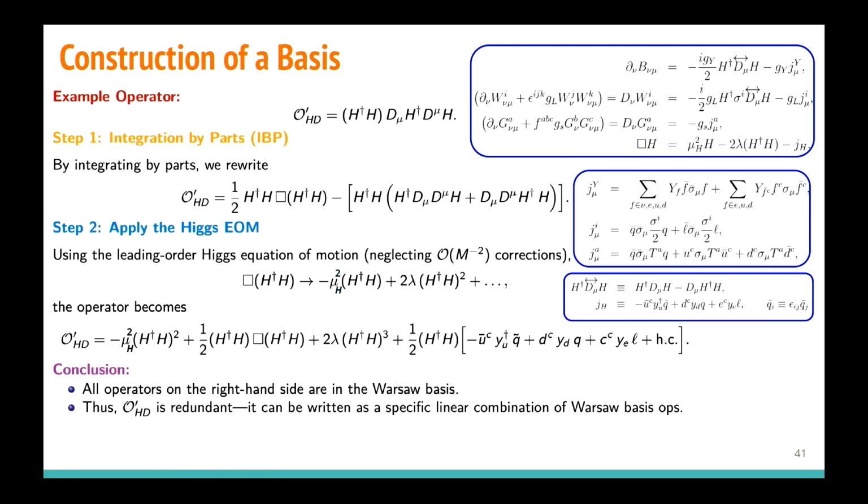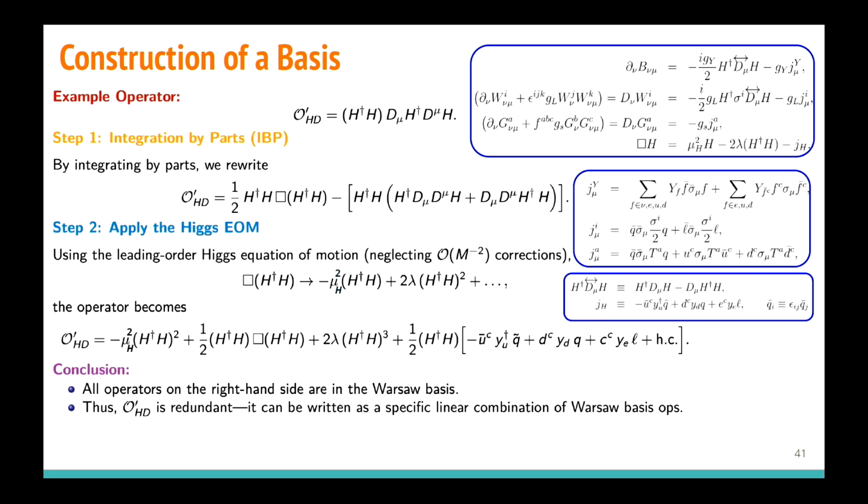So, construction of a basis. How much time do I have? I have only 2 minutes. If we write down this operator O_HD prime as H^dagger H, D_mu H^dagger D^mu H, we can take all the classical equations of motion of the Higgs, which I have listed, and integrate by parts.